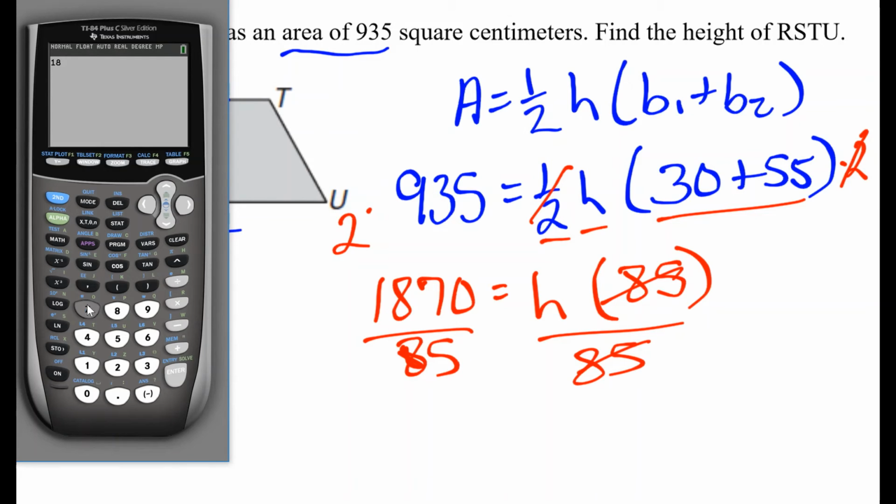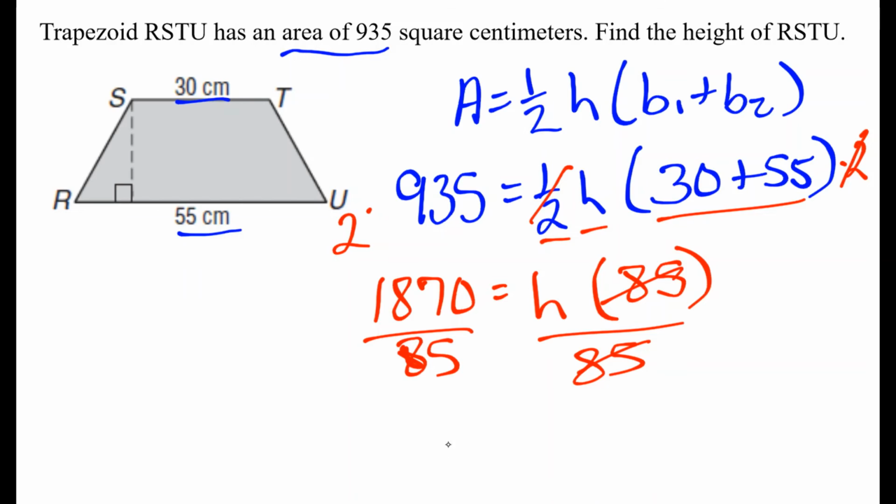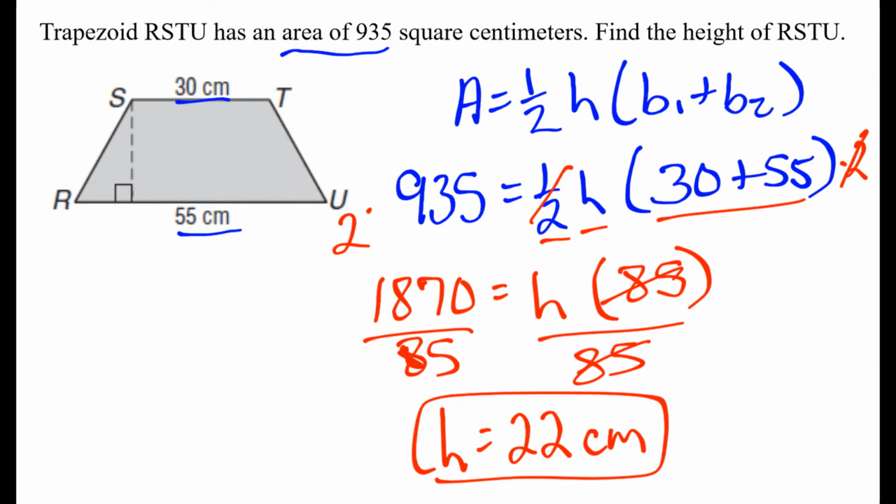So we're looking at 1,870 divided by 85, and that gives us an answer with a height of 22 centimeters.